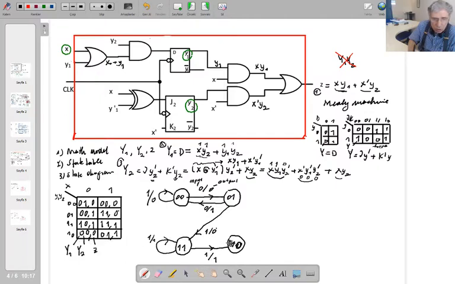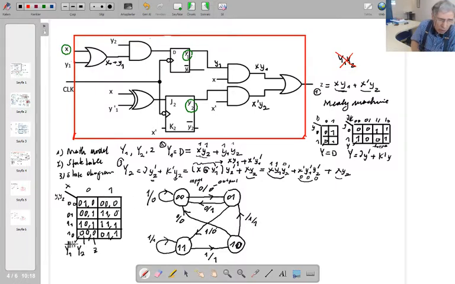So the last one is 1, 0 state. 1, 0 state goes to 0, 0 state for input 0. So it's going to be like that. Your output is 0. If your present state is 1, 0 and you apply 1, your next state is 0, 1. So that means input is 1, your output is also 1.